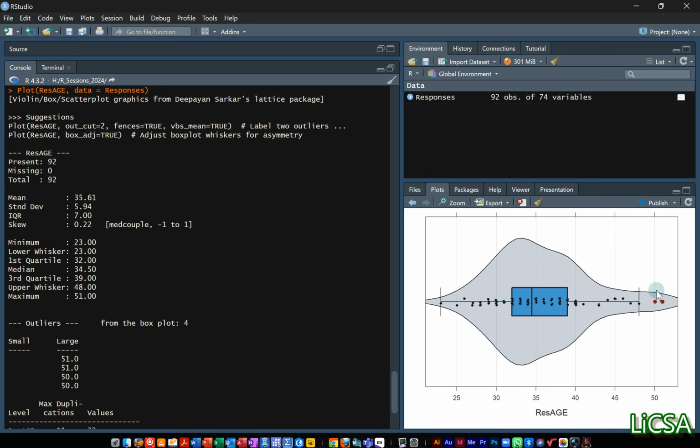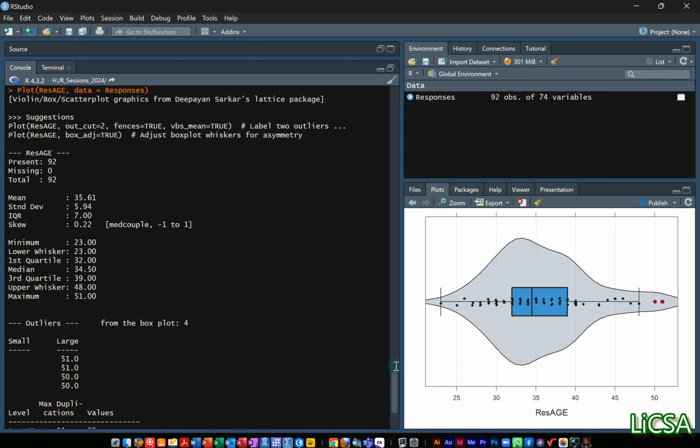These are marked red because they are outliers. And then this first line here is what we call the median, 34.5, which lies along here. Our mean is in the middle of this box plot, which is 35.6, somewhere around here.